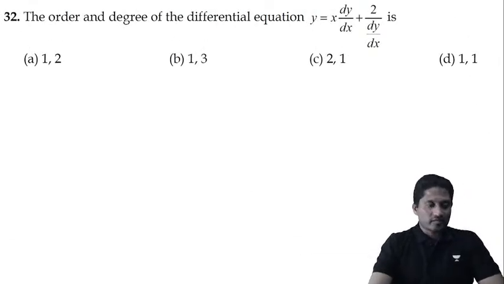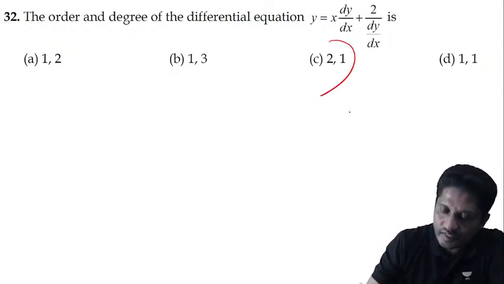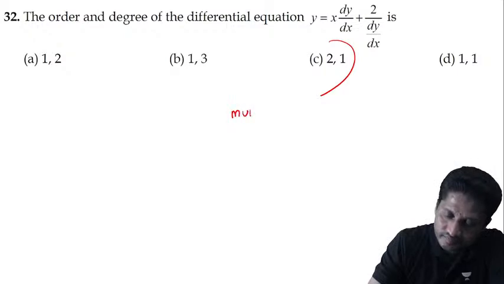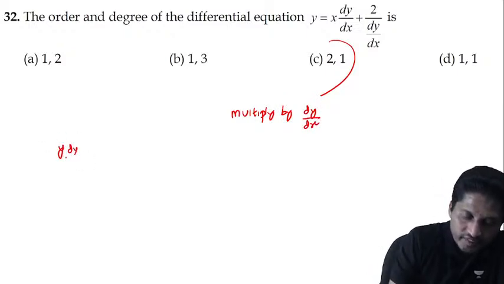The order and degree of this differential equation. Alright, so how will I know the order and degree of this? Same differential equation, if you multiply by dy by dx throughout, you will get y into dy by dx is equal to x into dy by dx the whole square plus 2.